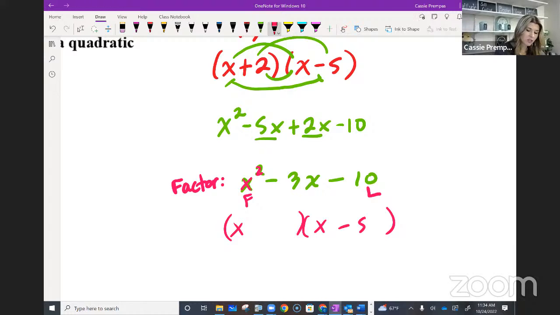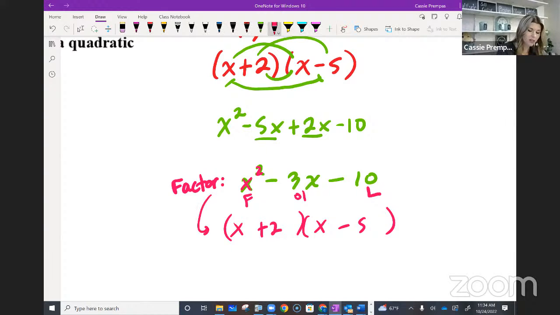Negative 5 and 2, and then you're done. But the only piece you need to always check is, does the outside and the inside add up to the middle term? So there's a very, very important check step here. And that's why there's error to this process. Sometimes you'll make a mistake and you don't know if you've made it until the check step. There's a lot of really strategic pieces about this, but that's what we're doing.